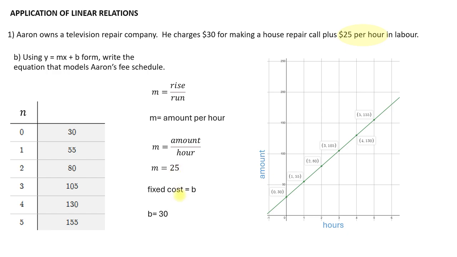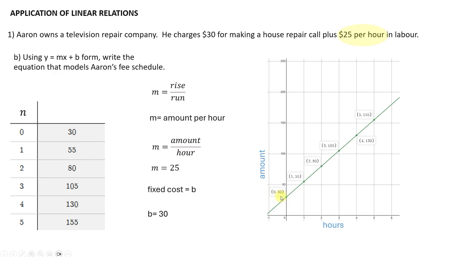One way we can know that the slope is 25, or the rate of change is 25, is to look at the table of values. And as you see, the x values, or the n values as they're called in this particular example, are in sequence. So we can look at the y values and see what the difference is as we move from one y value to the next. And the difference happens to be 25.